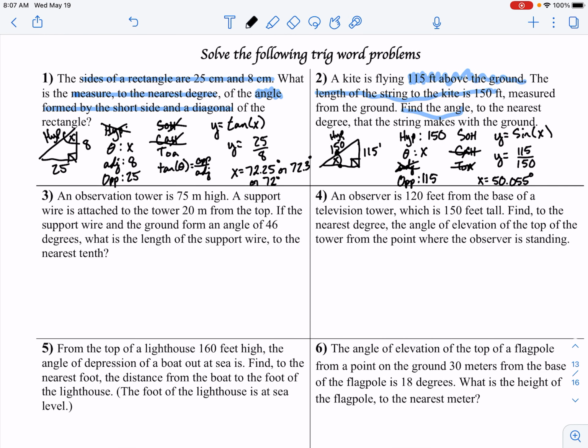I'll do one more that'll have a solving for side. Observation tower 75 meters high. So if I think about a tower, and I say it's 75 meters tall, a support wire is attached to the tower 20 meters from the top. So it doesn't go all the way to the top, but just a little bit.